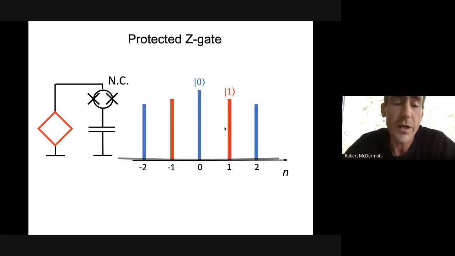Let's talk about the protected Z gate first. So we take our plaquette, which is connected to ground with this very large shunt capacitance, and we put in series with it a squid switch that's normally closed, so that we've got very strongly delocalized wave functions in charge space, and the charging energy is quite small.